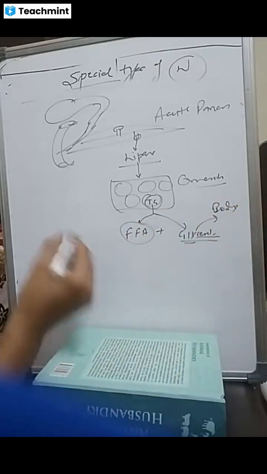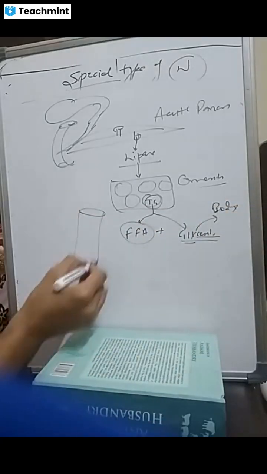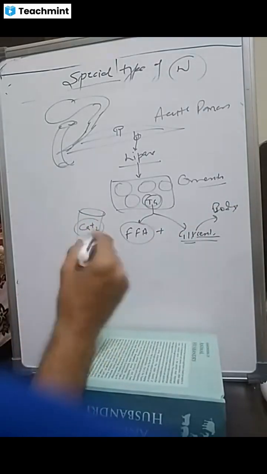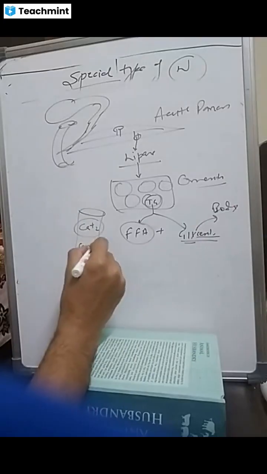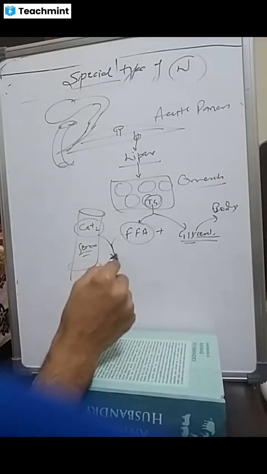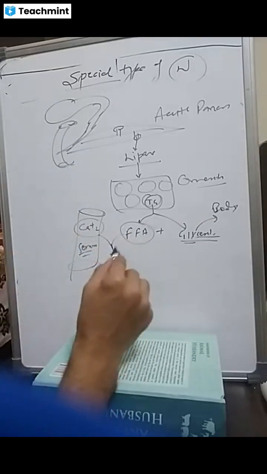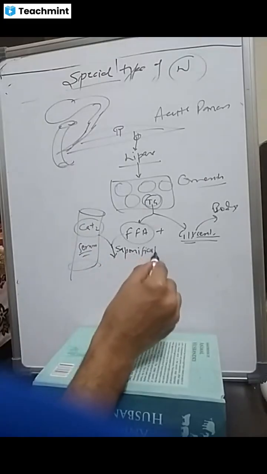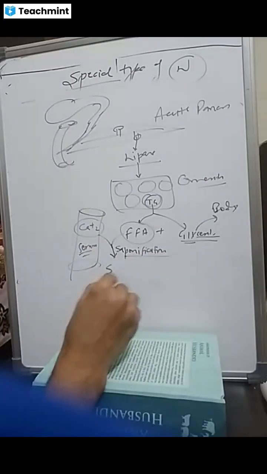But this free fatty acid in the plasma, there is calcium. In the serum or plasma, we have calcium. This fatty acid will combine with the calcium and the process is called saponification, and that may lead to formation of soap.